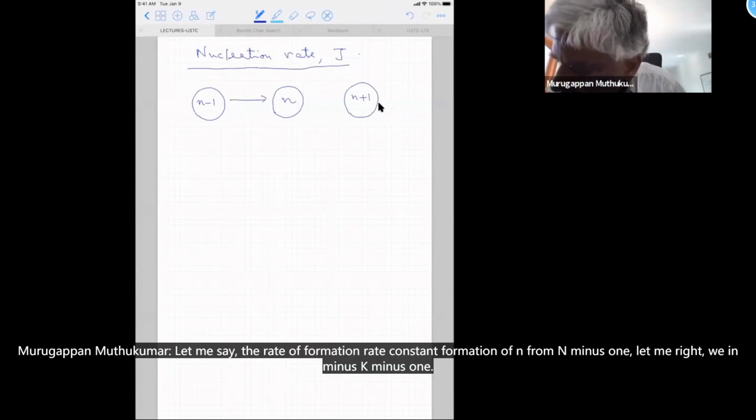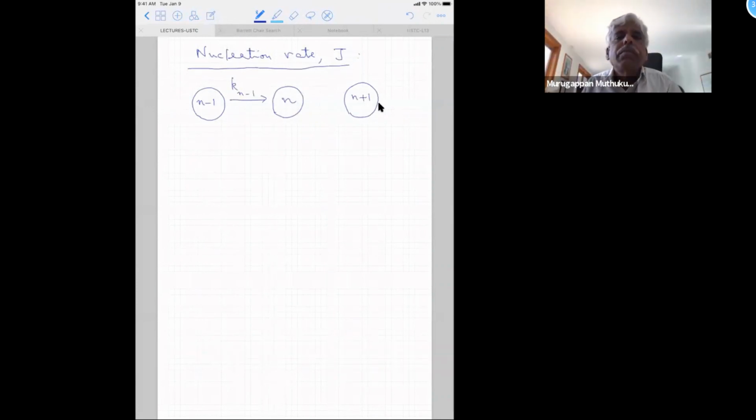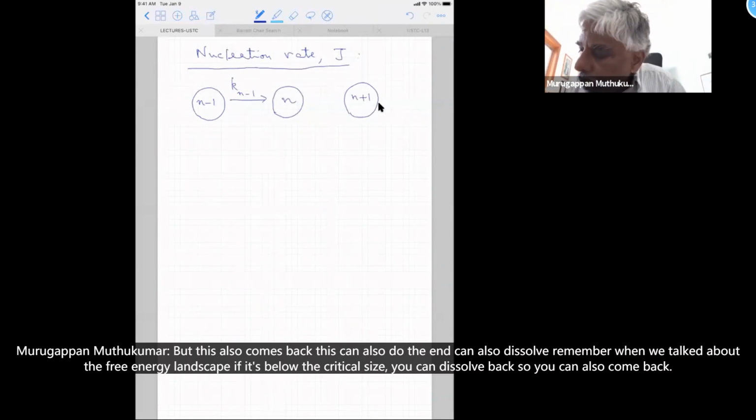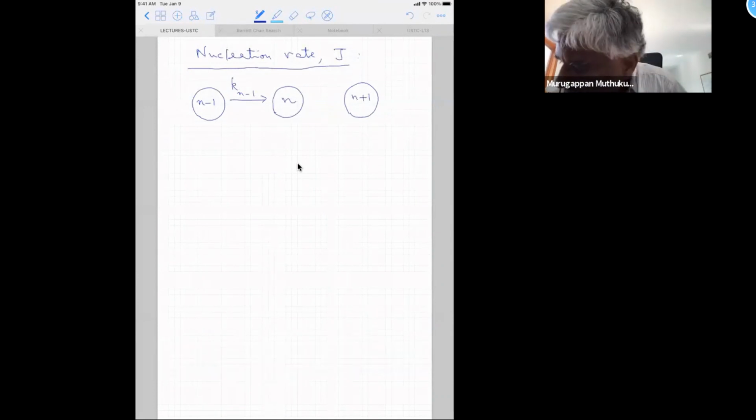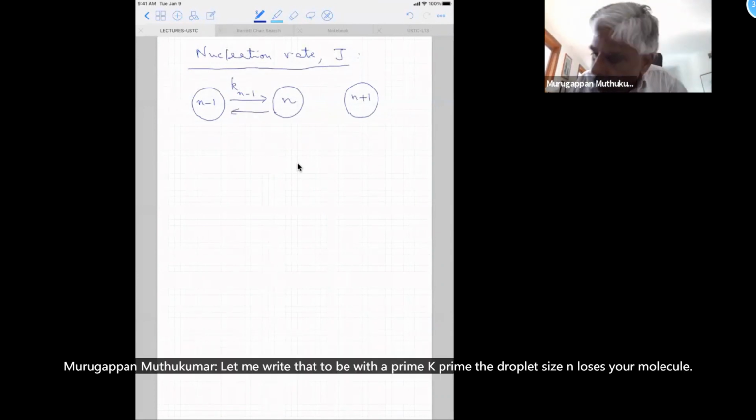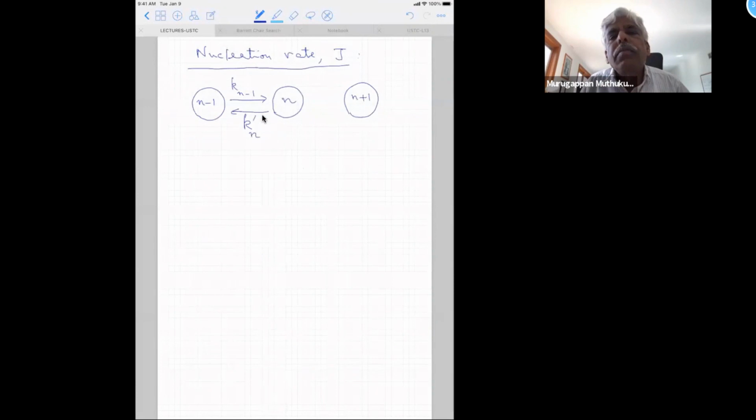Let me say the rate constant for formation of n from n-1 is k, n-1. But this also comes back. This n can also dissolve. Remember when we talked about the free energy landscape, if it's below the critical size, it can dissolve back. So let me write that with a prime, k prime: the droplet of size n loses a molecule with a rate constant k prime n.